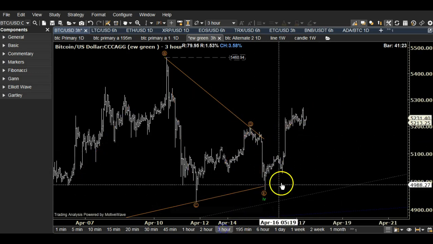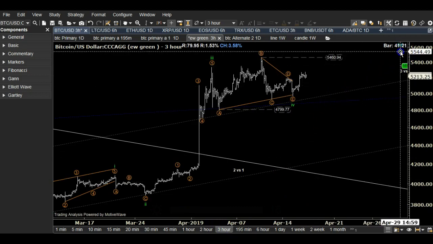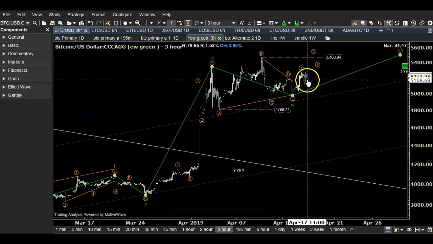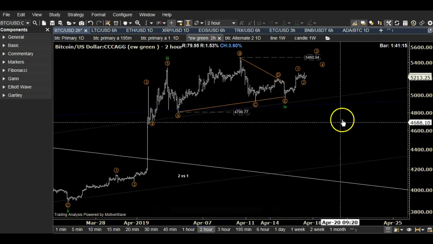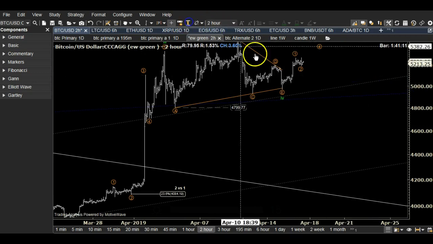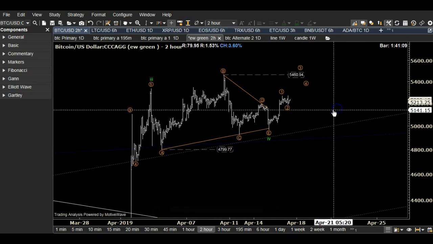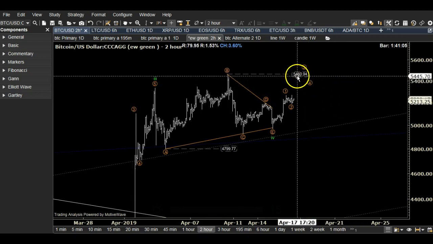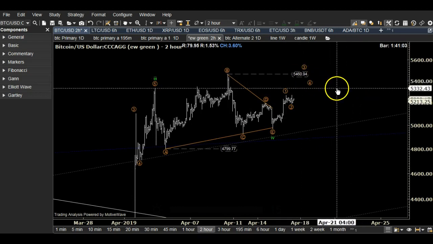All right, so let's just go back to a 3-hour. Let's say this is wave 5. So in that case, this would be the impulse. So wave 1, go back to a 2-hour, and I'm just going to leave this scenario on for now and see what happens here. Just to talk about the critical levels, on the top side, 5460 is a critical level.